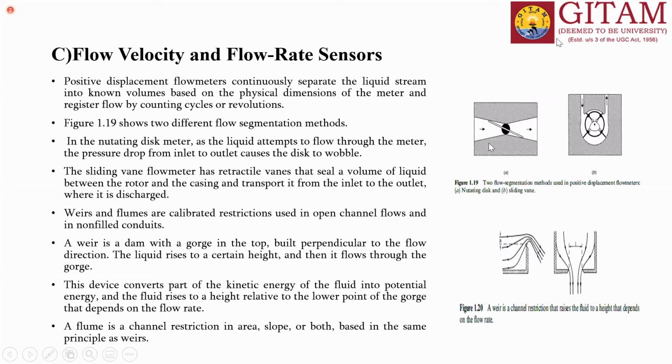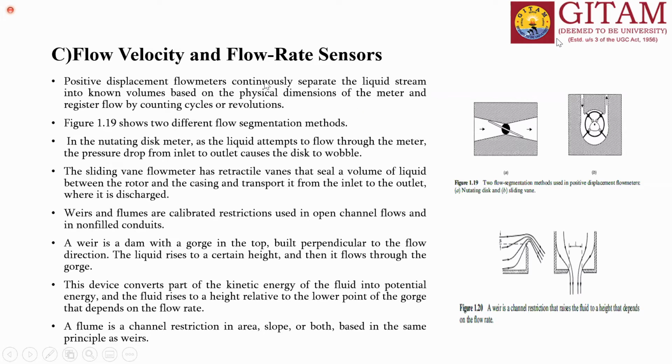Here we have different flow meters. The first one is the rotating disc and sliding vane. Both are useful to estimate flow velocity for liquids or for gases also, like steam.